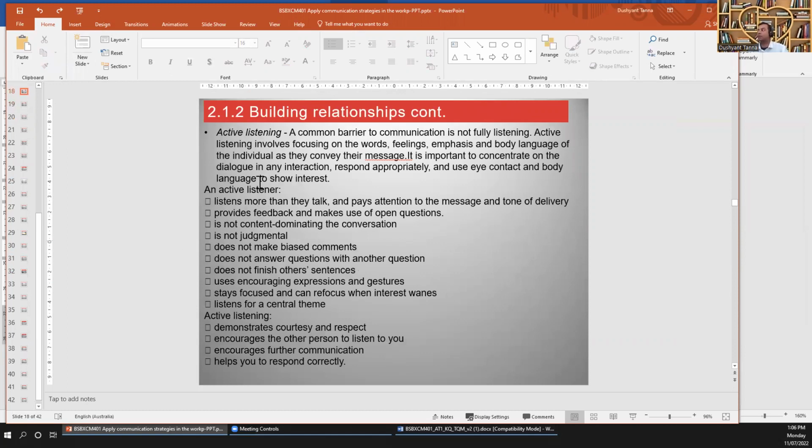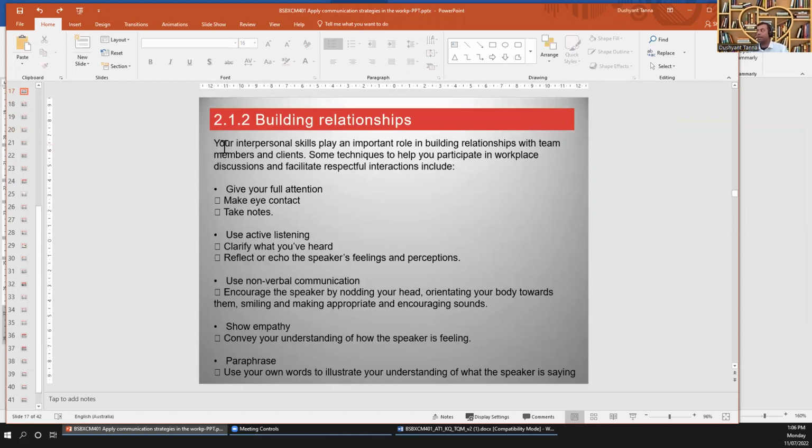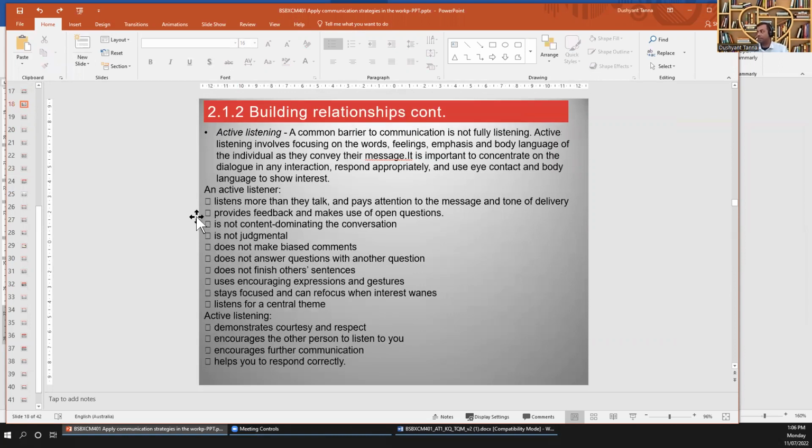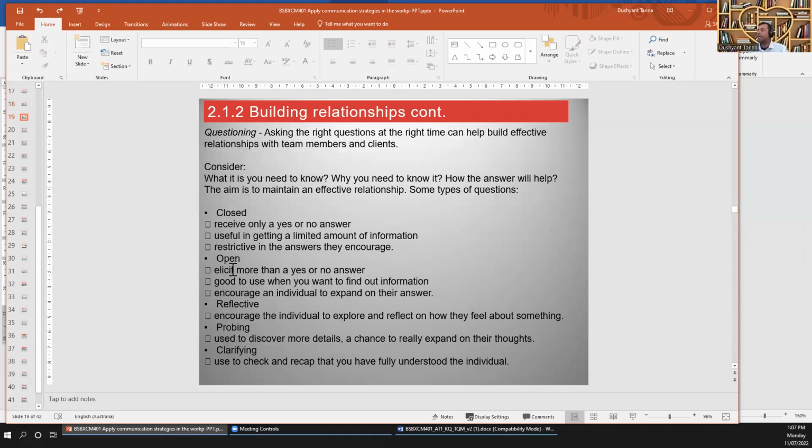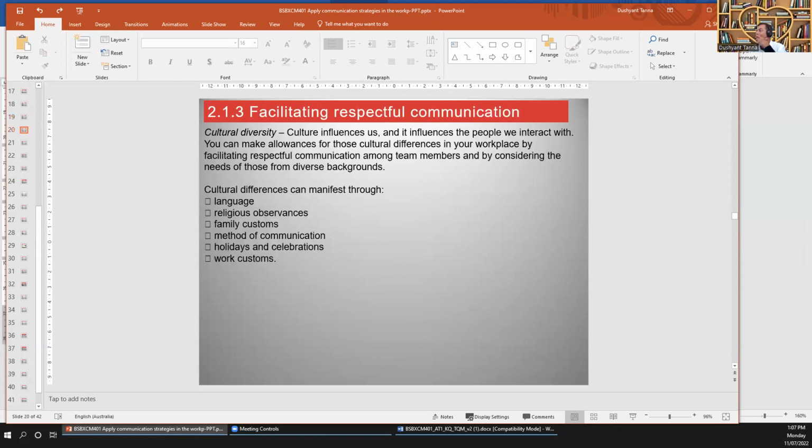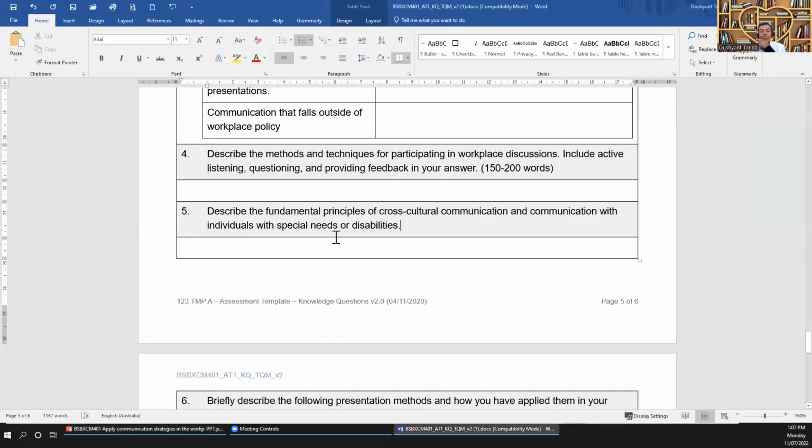I mean, we have a lot of it, interpersonal building, full attention, active listening, non-verbal, but we should at least talk about active listening, which is a lot here. Slide 18 and 19, questioning. Yeah. That is our question number 4.